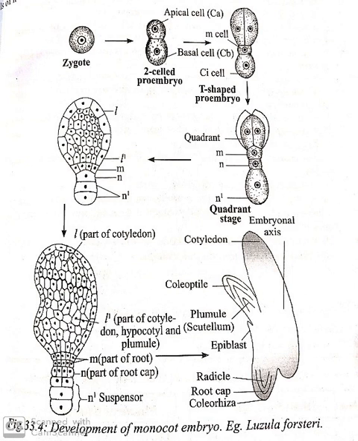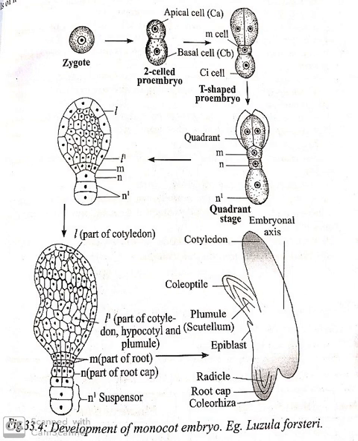The cells of L divide and give rise to the upper part of the cotyledon. The cells of L1 divide further and give rise to the basal part of the cotyledon, radicle and plumule. The cells of M undergo vertical division.